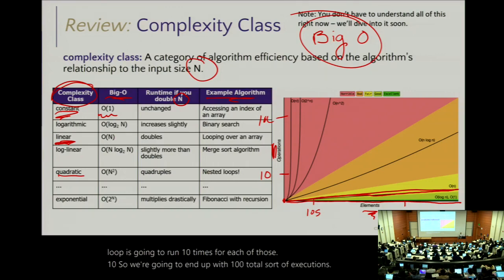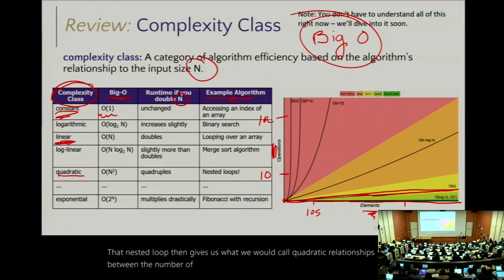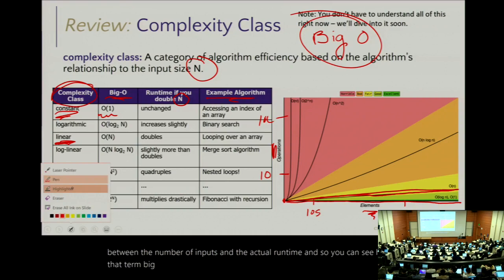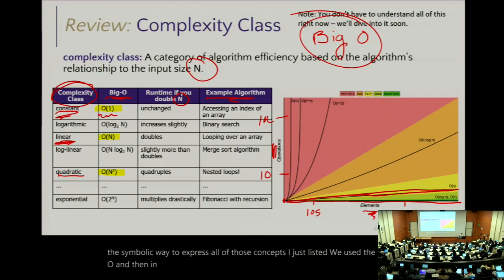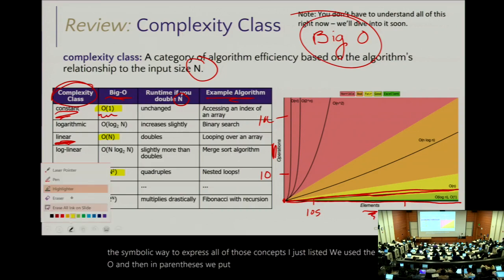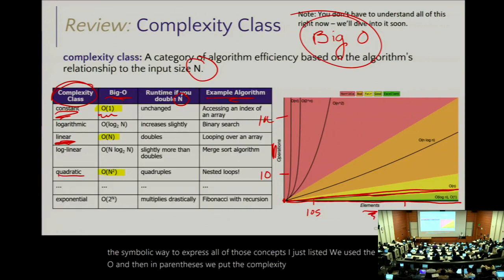That nested loop gives us what we would call a quadratic relationship between the number of inputs and the actual runtime. And you can see here that term big O. The reason we abbreviate this to big O is because this is the symbolic way to express all of those concepts I just listed. We use the letter O, and then in parentheses, we put the complexity class representation of how the runtime grows in relation to n.